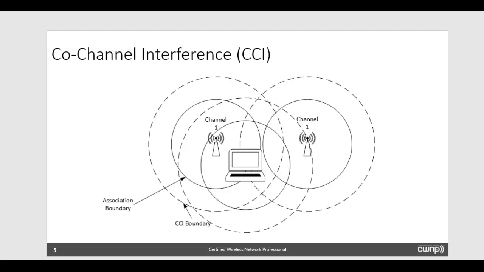Note that it is not just listening for other devices in the same BSS, but listening for any 802.11 devices communicating on the same channel. If there's communication, it must wait until it ends and usually implement a random back-off procedure before trying again. But when you have multiple BSSs in the same area on the same channel, you could get some co-channel interference.